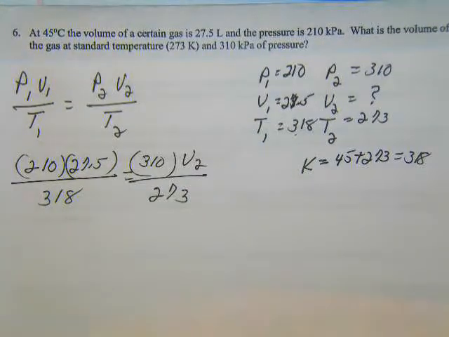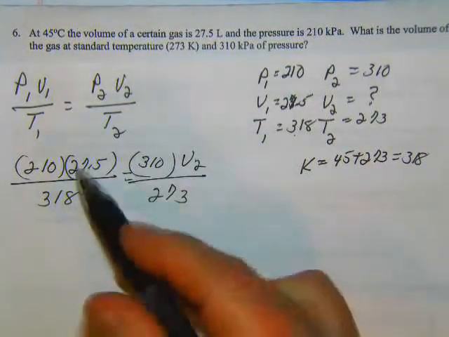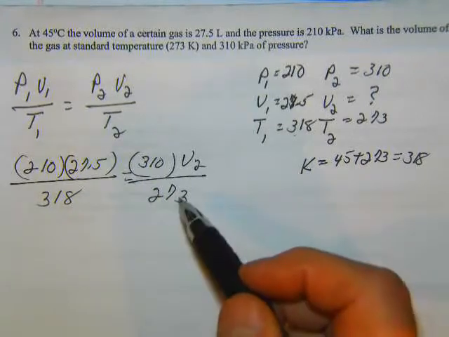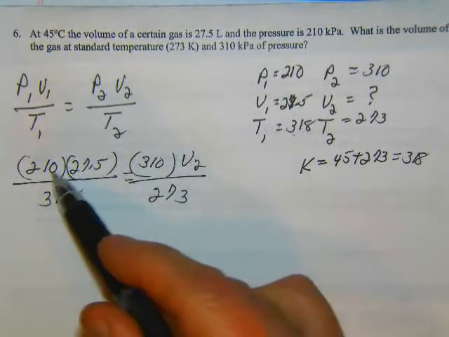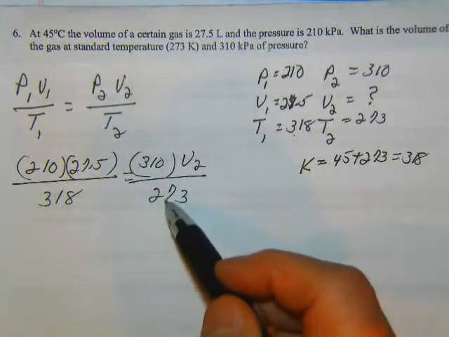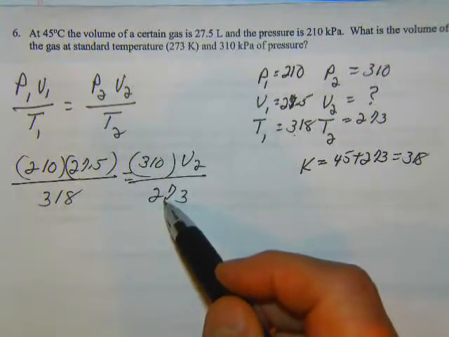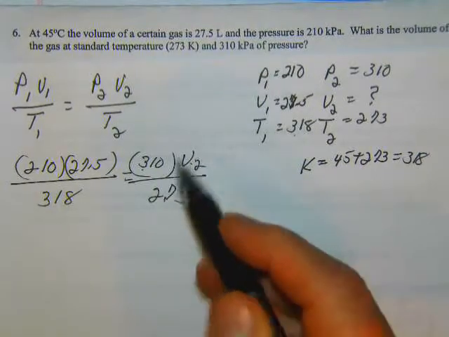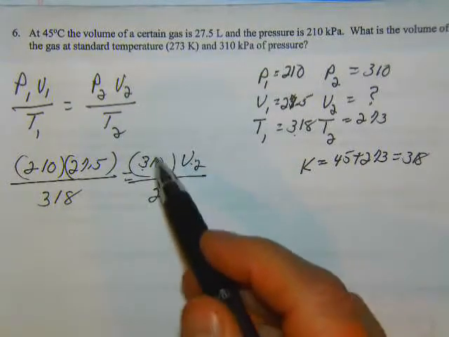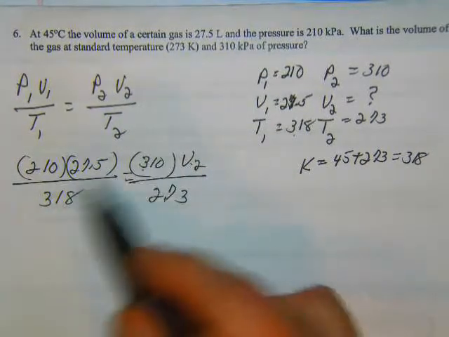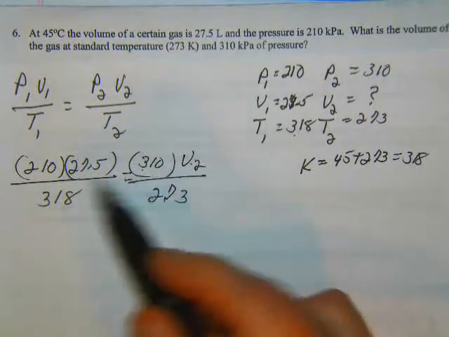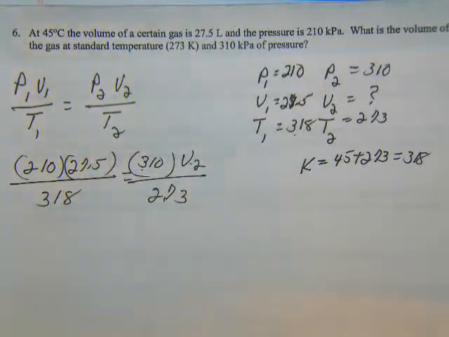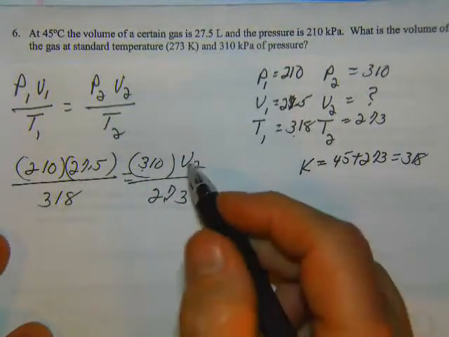So this is the classic cross multiply and then divide. This times this times this equals this times that, and then you would divide by the value of these two. I'm not going to do all the math here, but I'll do the cross multiplication.